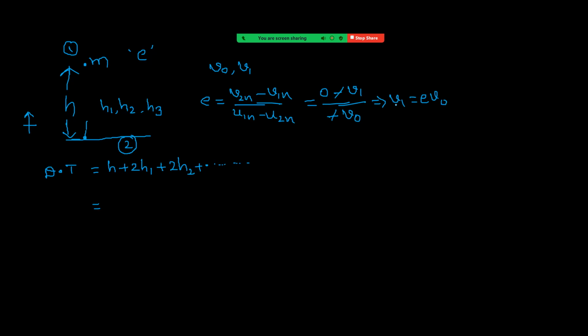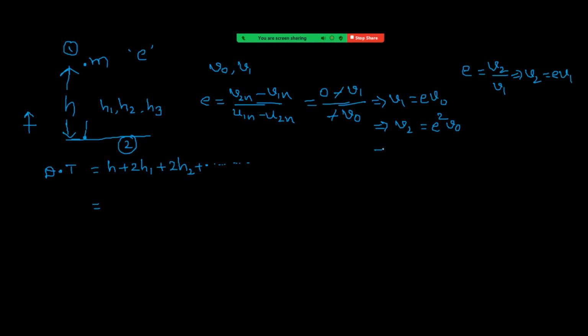Okay. And next we get the same condition. v2 by v1, I'm writing here. Next we are going to get e equal to v2 by v1. Right. That means v2 is e times v1. That means what can I write? v2 is equal to e square into v naught, because from this, v2 is equal to e times v1, right?